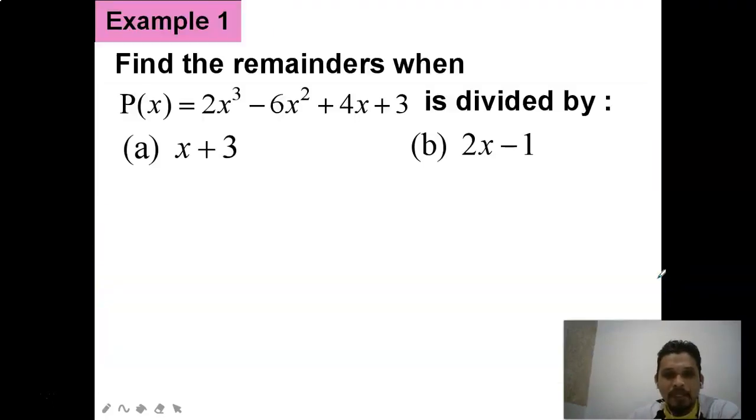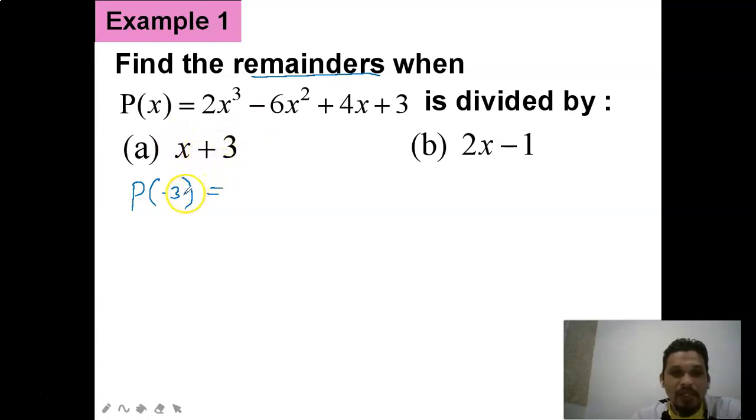Example 1. From the definition, we're going to find the remainder when the polynomial is divided by x plus 3. So x equals negative 3, from the factor of x plus 3.